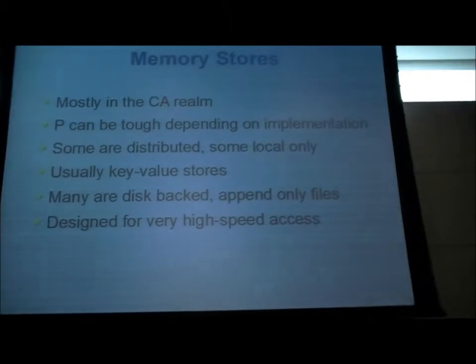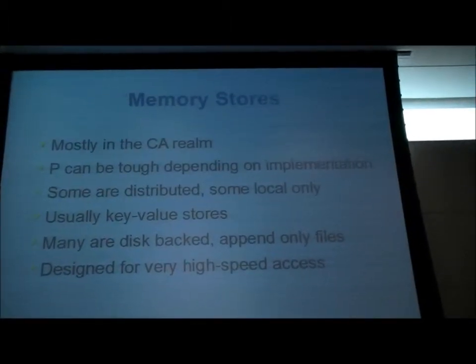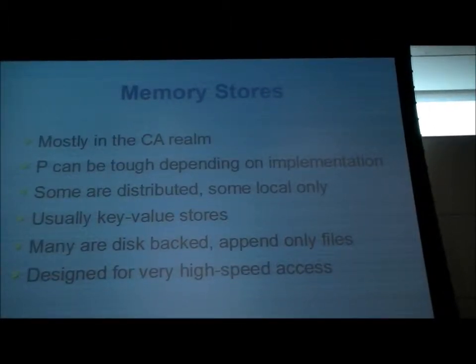They want to store all the indexes in memory, but the data can live on disk just fine. Memory stores tend to be used more for high-speed caching operations, where you need either a local or distributed cache. You want to be able to put the information in there and get it out as fast as you can. Partitioning can be a little bit tough in this space, but there are a lot of products that can do partitioning really well.